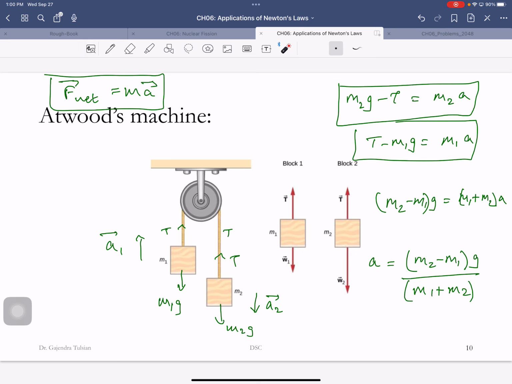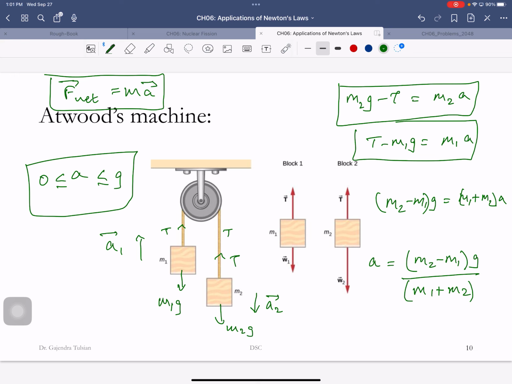Okay? So here is a device where you can dial acceleration anywhere from g to 0 by changing the values of m1 and m2. And that was the point of Mr. Atwood. So here's a device where you could simulate whatever acceleration you want. You want the acceleration on the moon, you adjust the two masses accordingly.